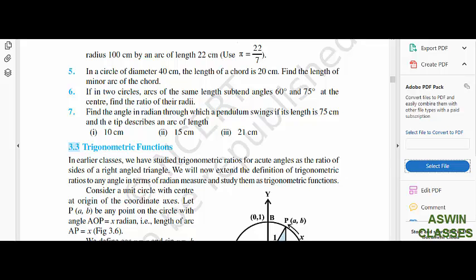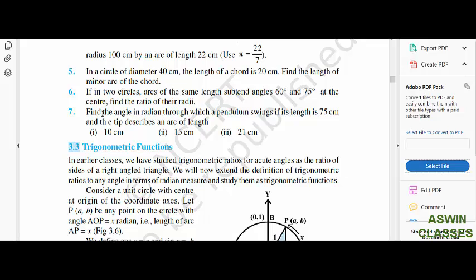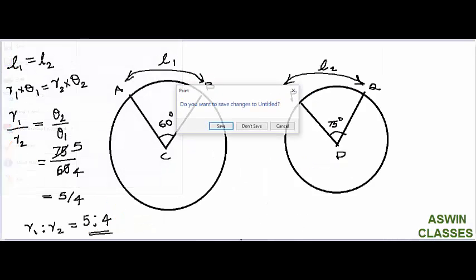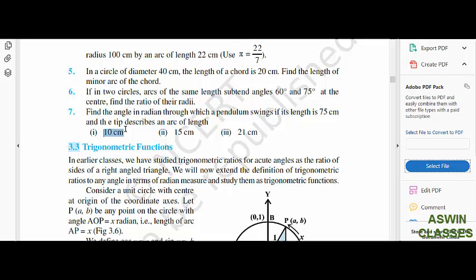Now the next question. Find the angle in radian through which a pendulum swings if the length is 75 centimeter and the tip describes an arc of length, first 10 centimeter, then 15, then 21 centimeter. You just need to apply the formula here.